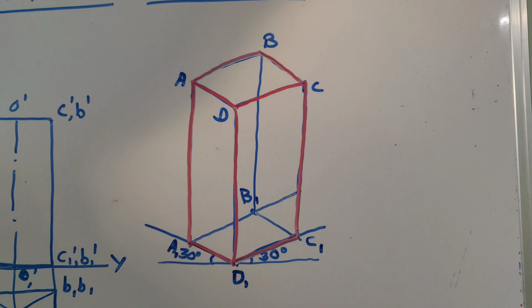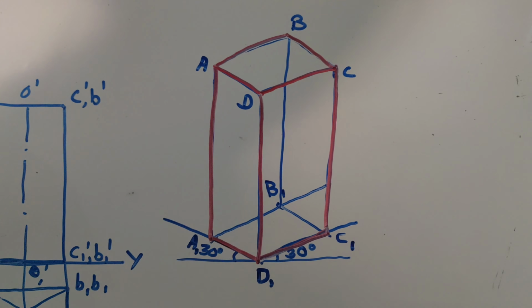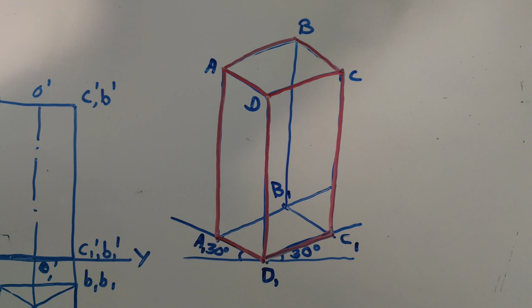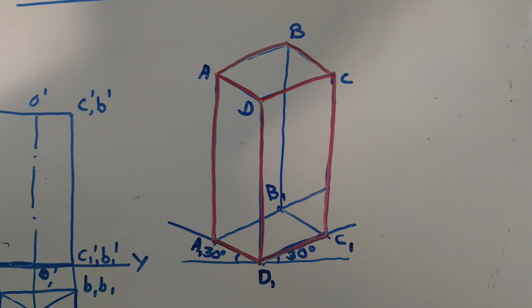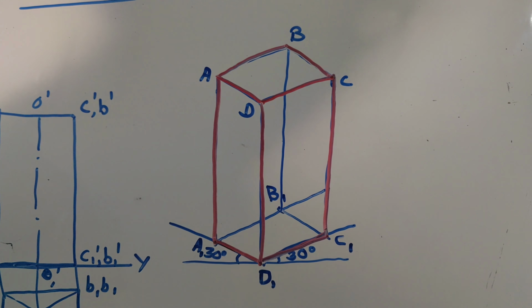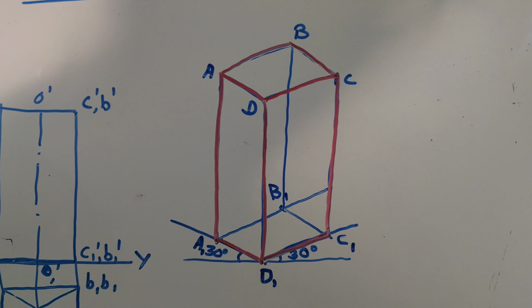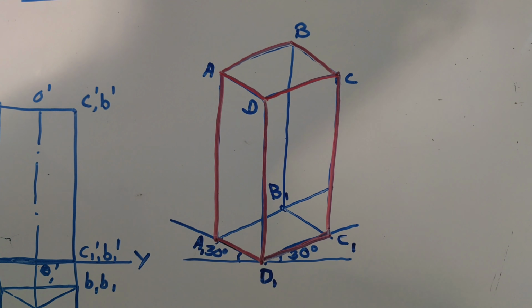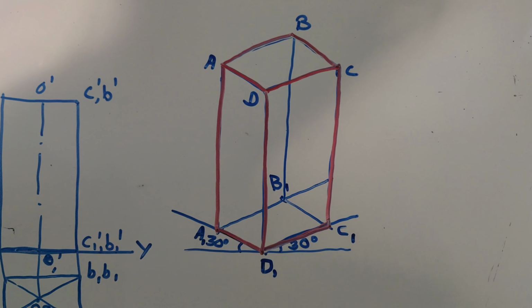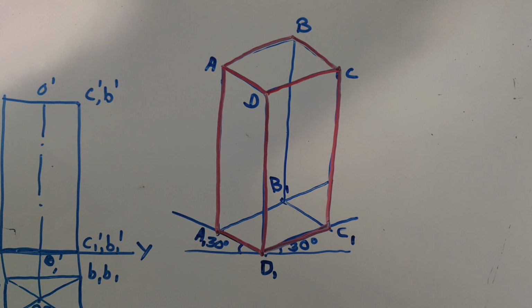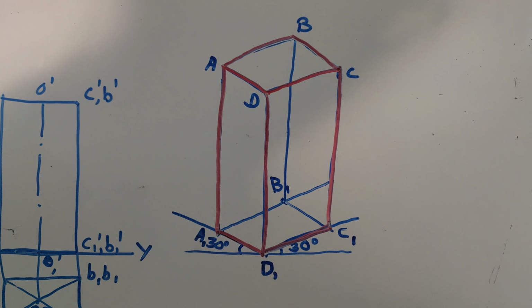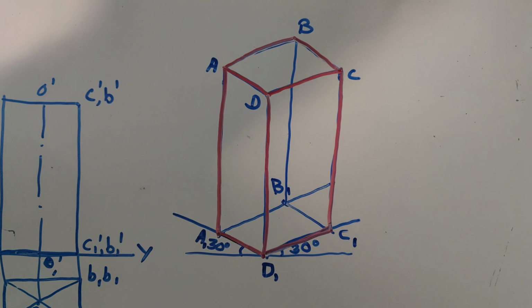Now we can show the dimensions. When we are showing the dimensions, the rule of isometric projections must be satisfied. That is, we can draw only isometric lines. Isometric lines are parallel to the isometric axis. So all the dimension lines should be parallel to isometric lines.